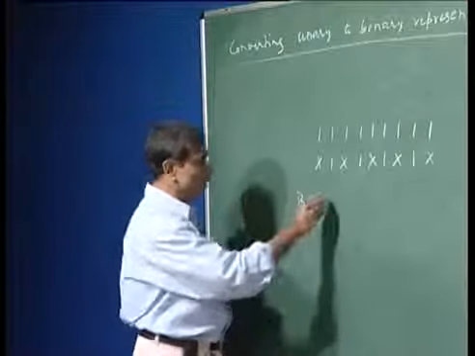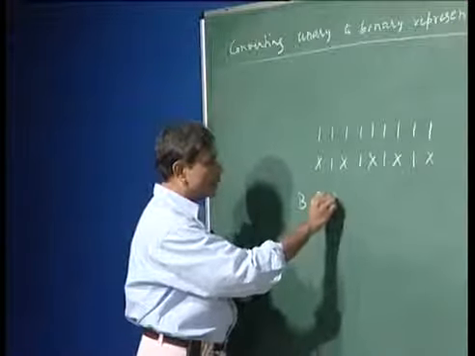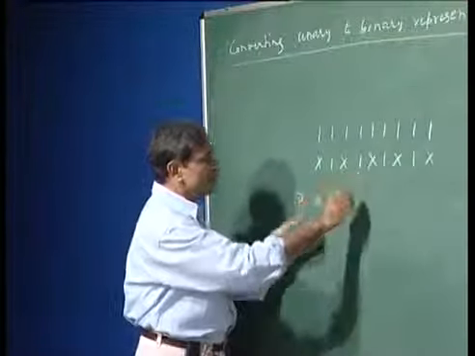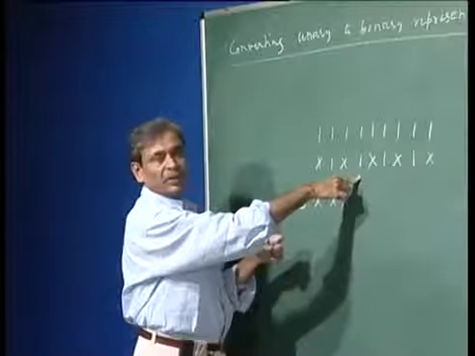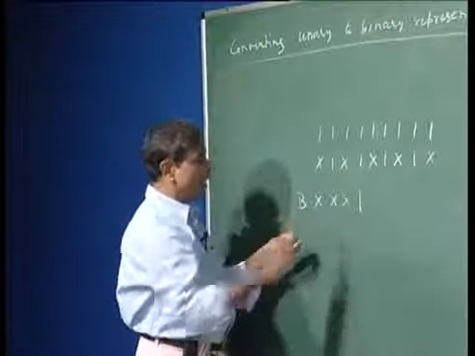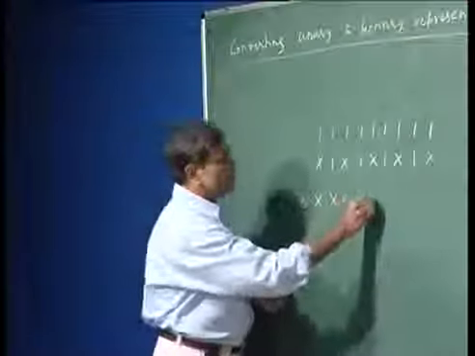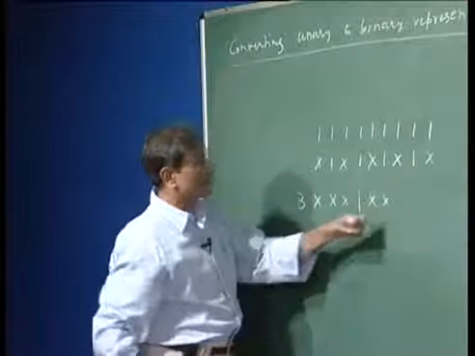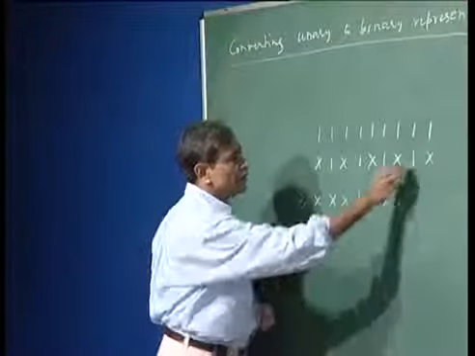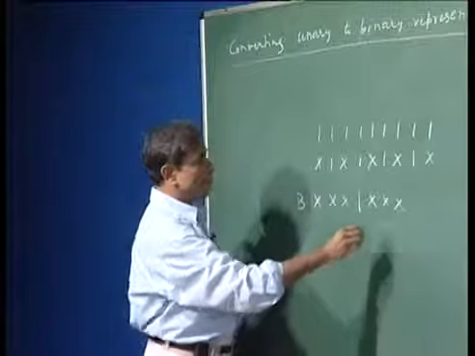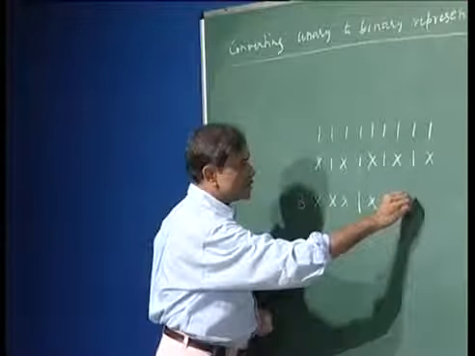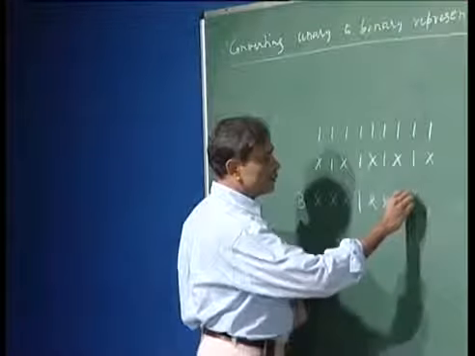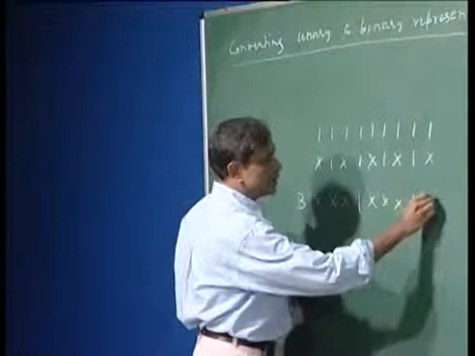Now, again you do the same thing. This one you put a cross, and of course, ignore any previous crosses, and then this one. So, the next one that you have, ignoring crosses, you leave that; crosses you ignore; this one you put a cross; and this one is left as such, and this one is left as such, and then it is a cross.